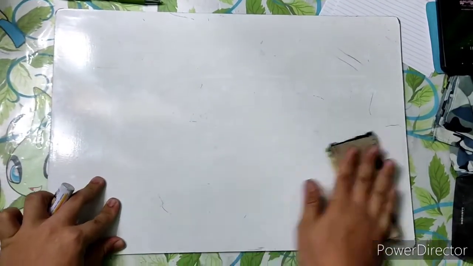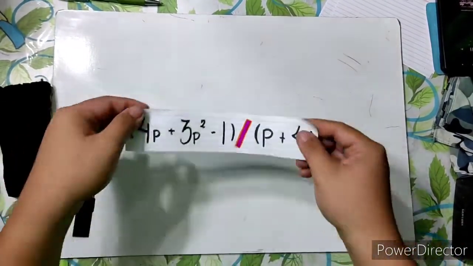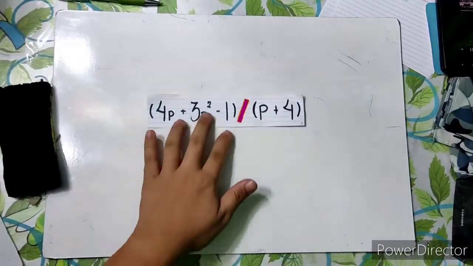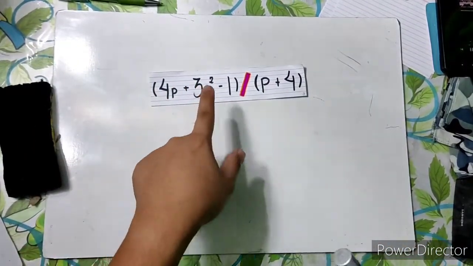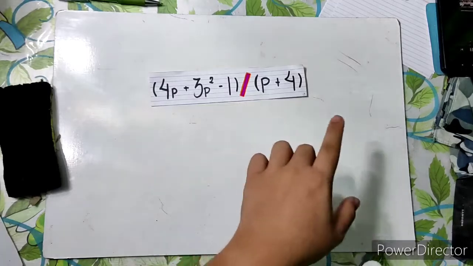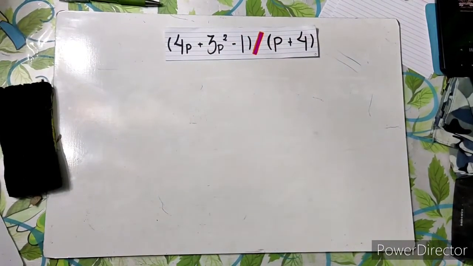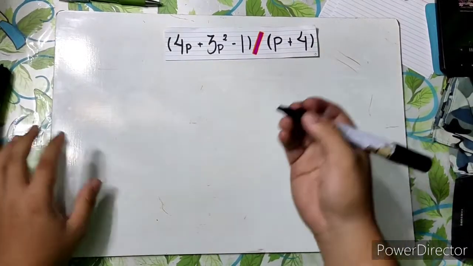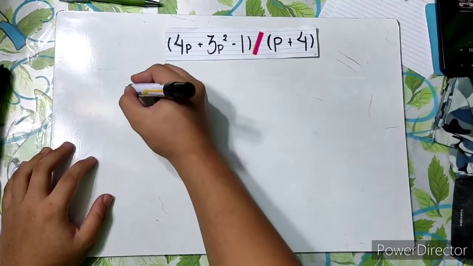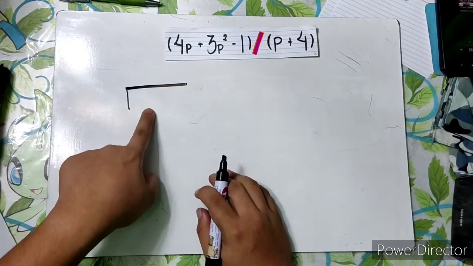We'll tackle that now. So here is the equation: 4p plus 3p squared minus 1 divided by p plus 4. The first way we will solve this is the common way, where we use this long division sign.